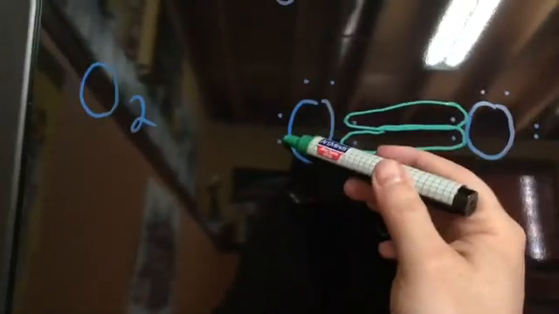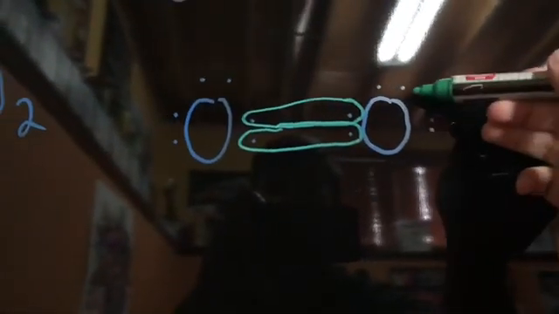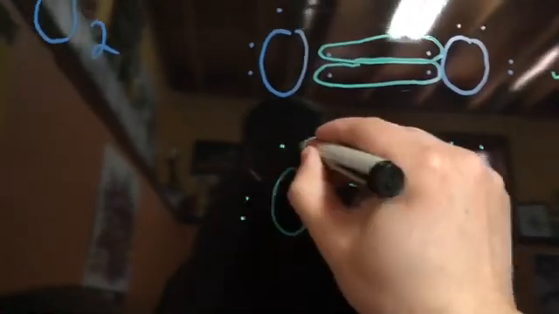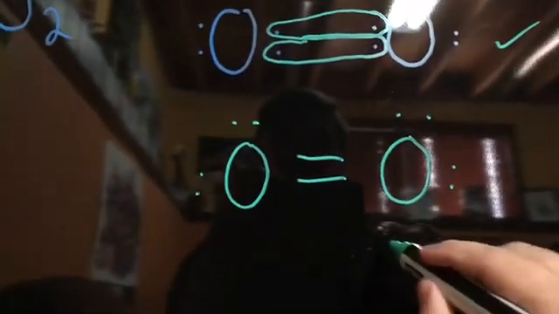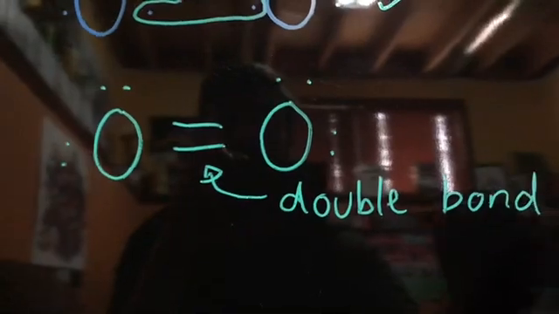And now it has 1, 2, 3, 4, 5, 6, 7, 8. And this one also has 1, 2, 3, 4, 5, 6, 7, 8. So this one also works out. And we can draw it with 2 lines in the middle, and then we just put the other dots around it. Now because we have 2 lines here, this is what is called a double bond.